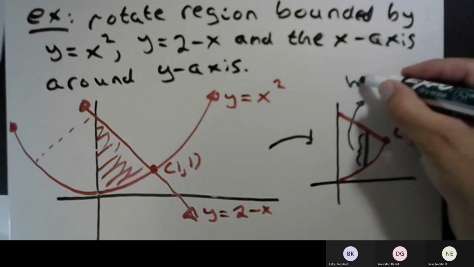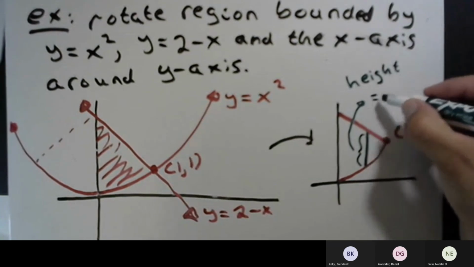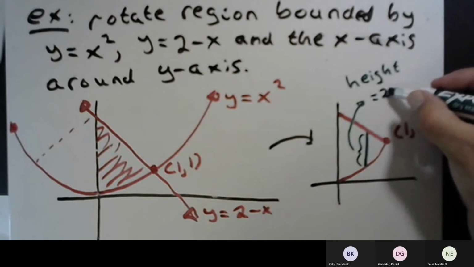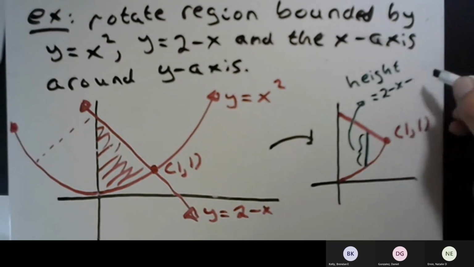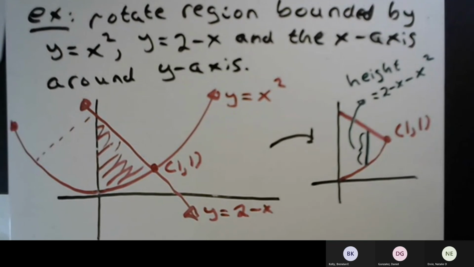And so the height, in this case, is not going to be f of x. It'll be 2 minus x minus x squared. That's going to be the height.